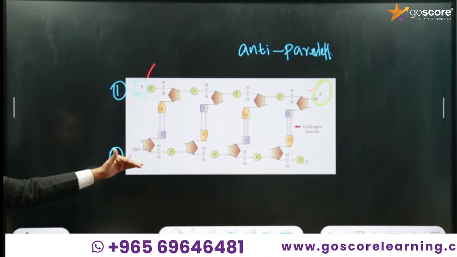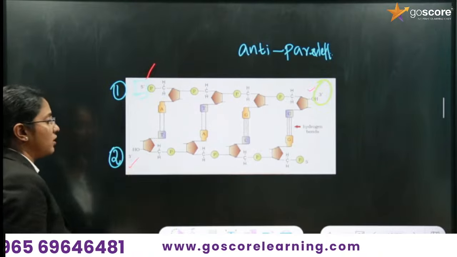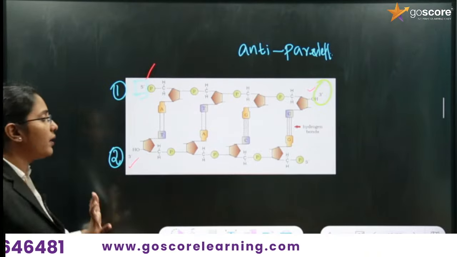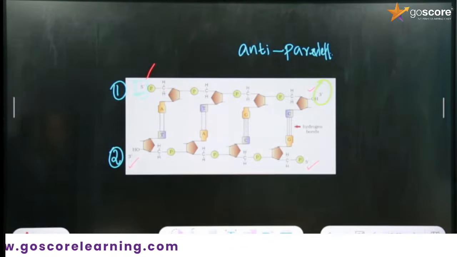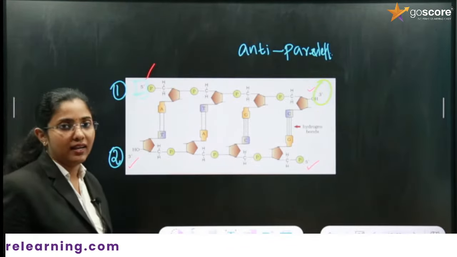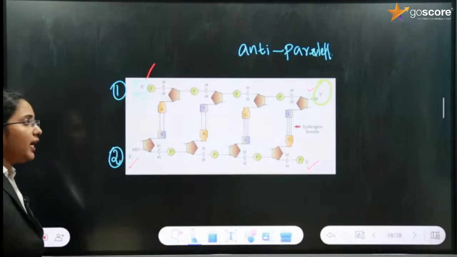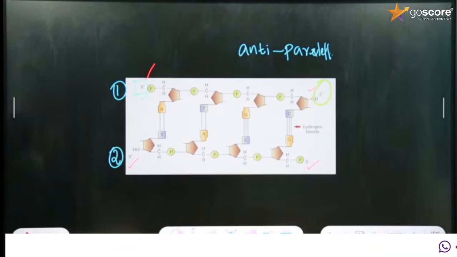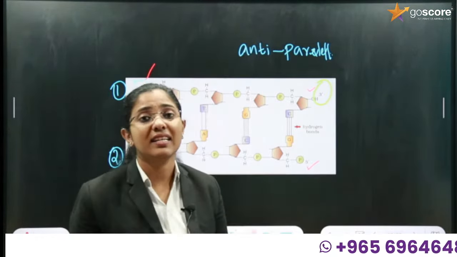If you are considering the next polynucleotide, see where the 3 prime position is. You can find a 3 prime position here and a 5 prime position here. That means they are anti-parallel. Okay, clear? So the structure of DNA is anti-parallel.